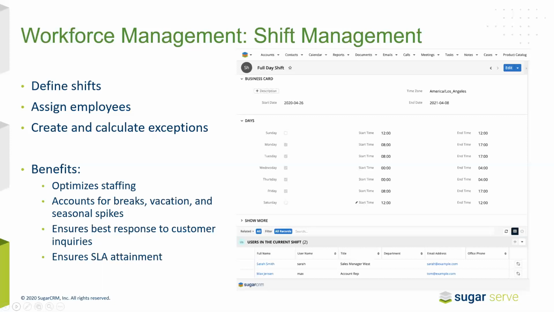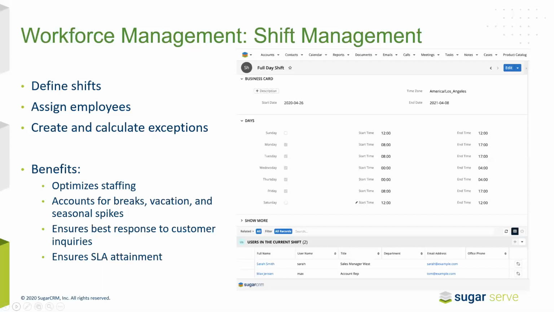It allows them to make plans and projections that account for breaks and vacations and seasonal spikes. And that allows us to do really interesting things in terms of case management. So we can ensure the best possible response to customer inquiries by routing things to available service reps. And it also helps ensure SLA attainment.